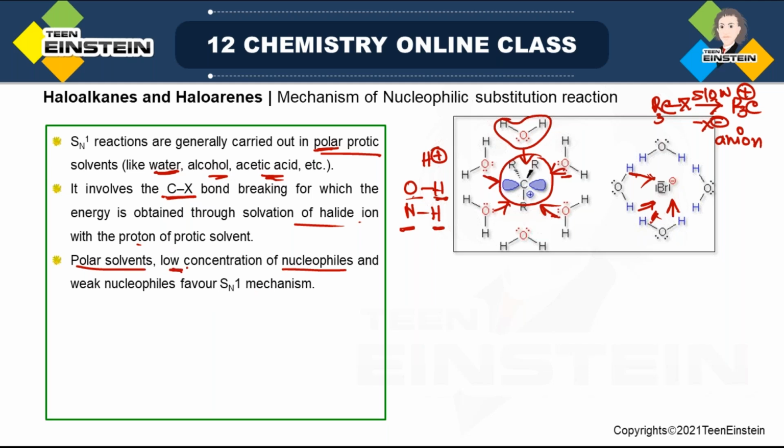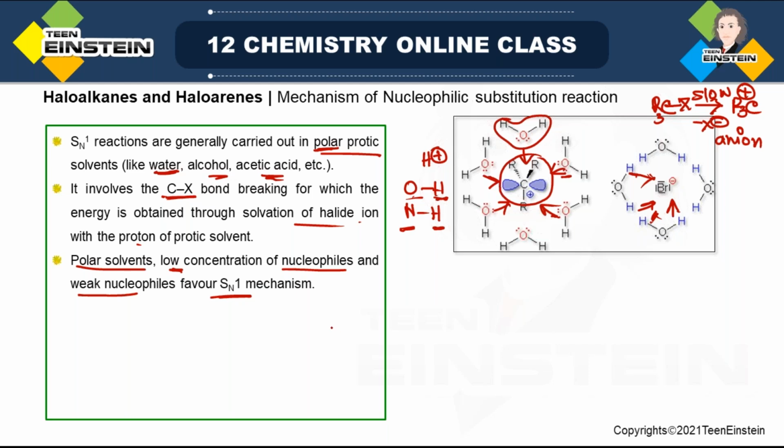If the question is arising in your mind why it is so, we will discuss that later when there will be a separate slide based on the factors on which this mechanism depends. In that portion we will discuss it in detail. Right now just remember, polar solvent, low concentration of the nucleophile in the second step, and also weak nucleophile. If these types of conditions are present, it will favor SN1.